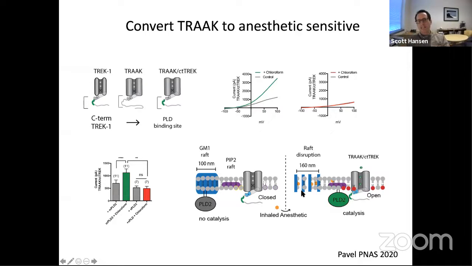And I really think that this is the key experiment, that this is very difficult to explain without a membrane-mediated mechanism. If the membrane isn't the target of anesthetics, how then is TRAC responding just with this little disordered loop on the C terminus? I really think this is the experiment that nailed down that the membrane is a target of anesthesia, combined with the imaging of the lipid rafts.